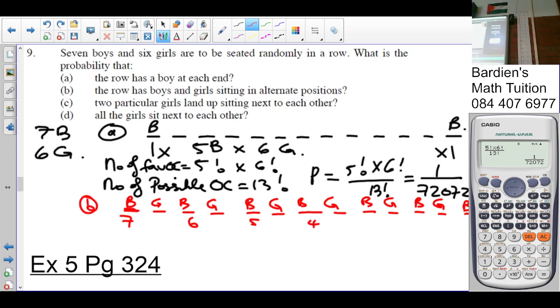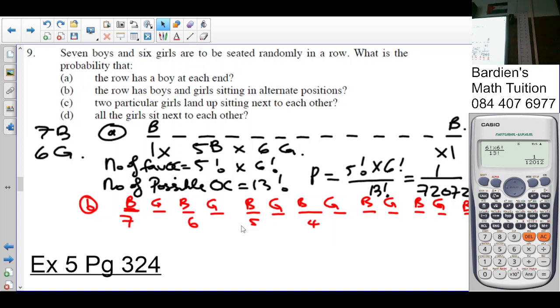Let's check again. If it's alternate, it's going to be boy, girl, boy, and so on, all the way to the end. You must start with a boy and end with a boy, because we have more boys than girls.